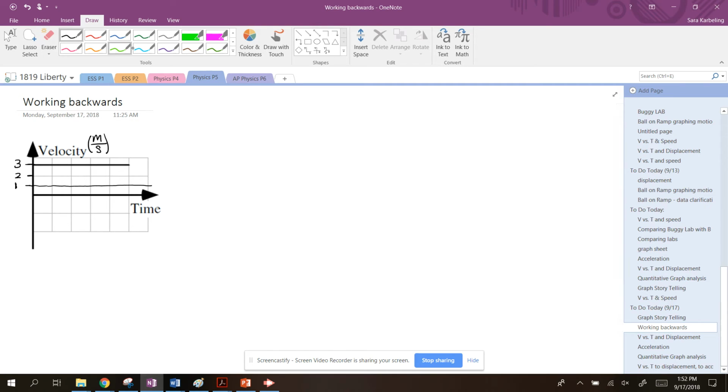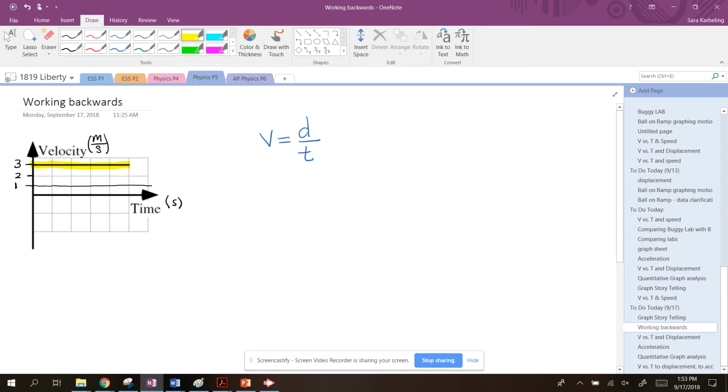If I forget that, I can always think about my equation, V equals D over T, right? D is my distance, that's in meters. T is my time, it's going to be in seconds. So my units for velocity are going to be in meters per second. Okay? My time over here is just going to be in seconds.